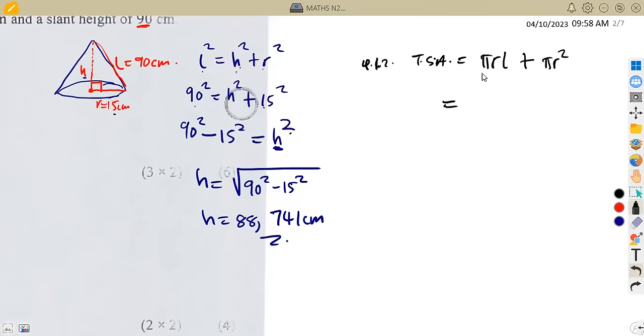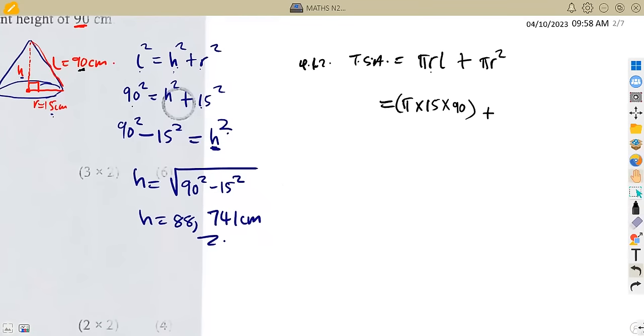So that's pi RL, which is pi times the radius, which is 15, times our slant height, L, which is 90, plus pi r squared, that is pi times the radius squared, and our radius in this case is 15. So that's 15 squared. This is going to give us the total surface area of the cone in square centimeters.